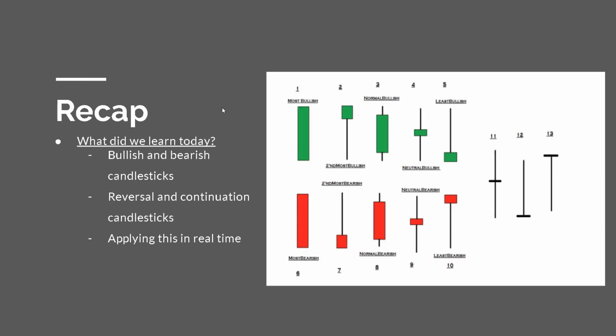And as always, I will constantly preach that these are telling us stories. These are telling us what's happening. If you can understand what's happening in these candles, you can apply this to your trades. These candles can signal when to get in, if there's a reversal, continuation, these sorts of things. It's crucial to understand these things.